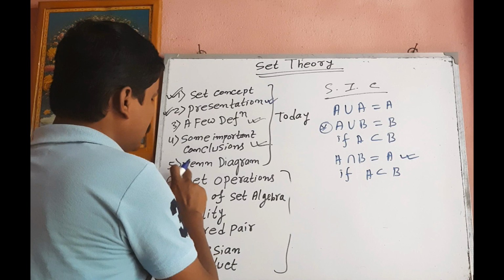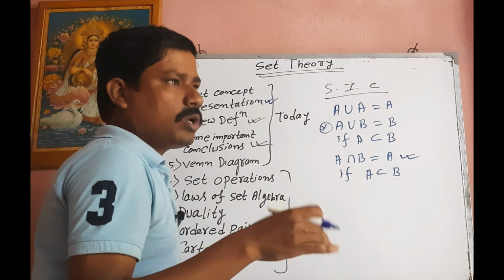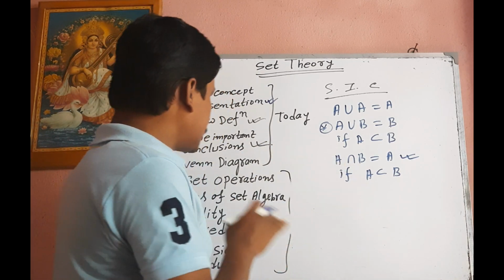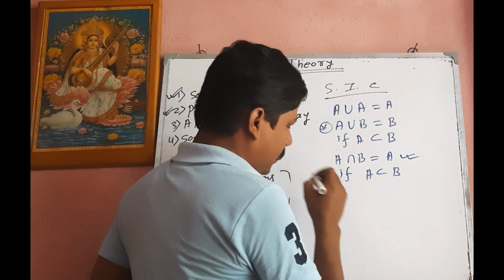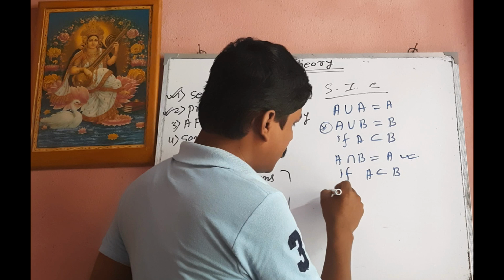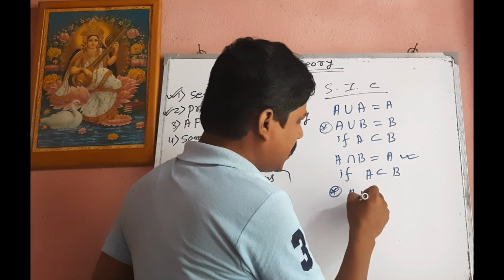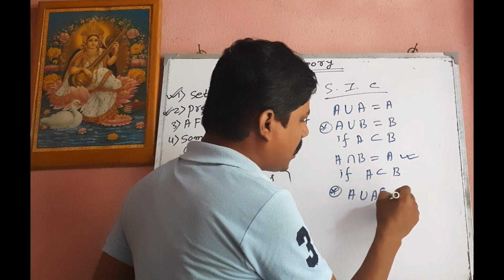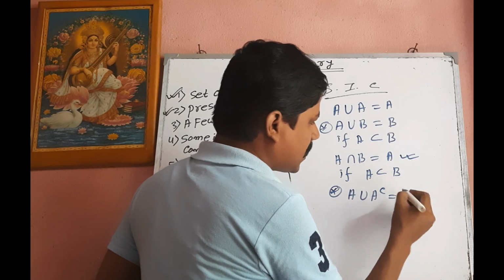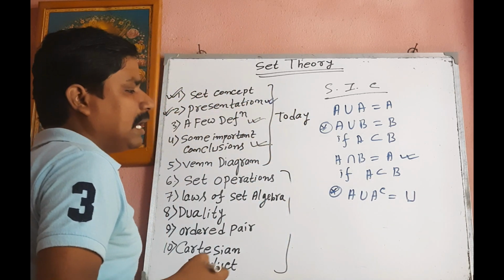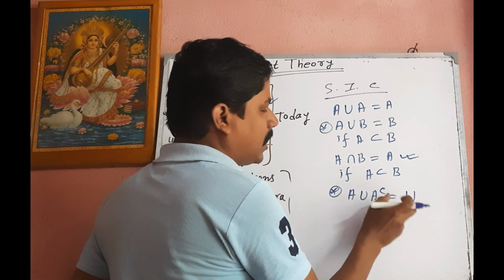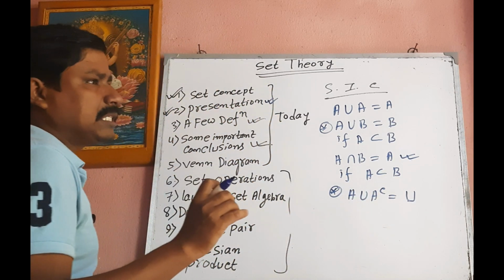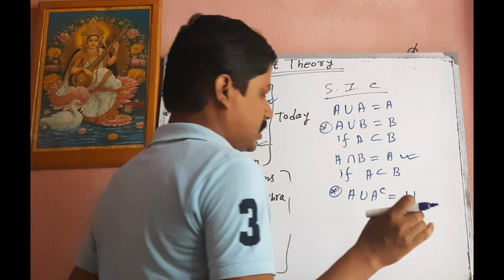We will discuss in Venn diagrams what union and intersection are in the next part. And a set union with the complement of the set is the universal set. That is, a set union with its complement always represents the universal set in our discussions.